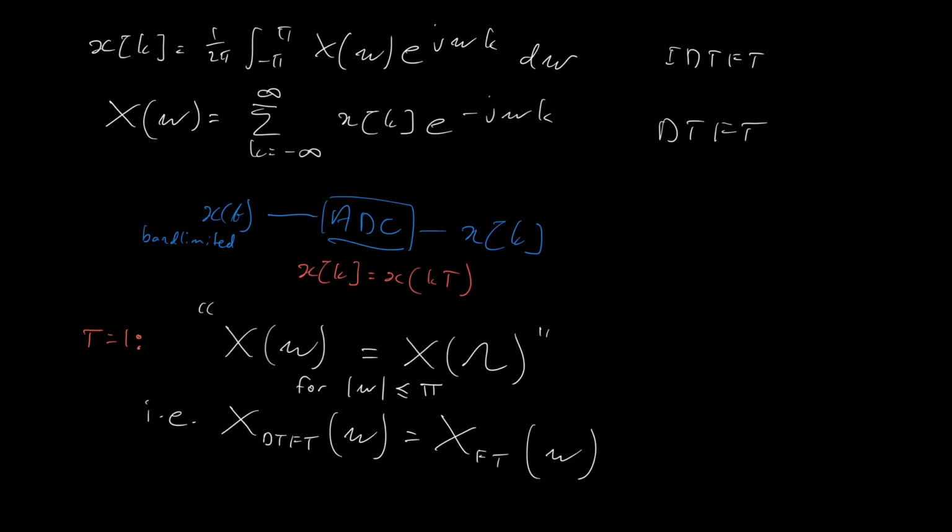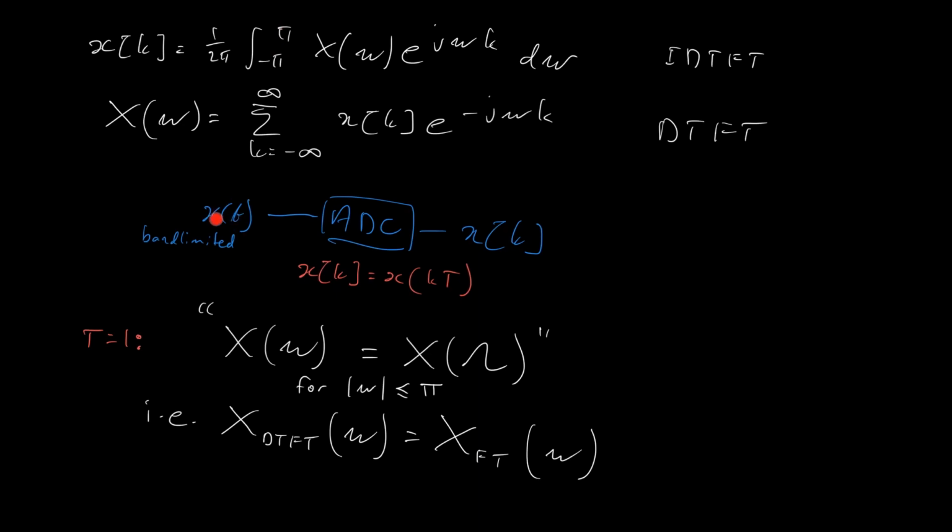There is a simple way of remembering what happens when our sampling period T is not equal to 1. By convention, we are always going to choose k to be integer valued. This means that its frequency components are always going to be between minus pi and pi. The smallest frequency is 0, and the largest frequencies are plus and minus pi.